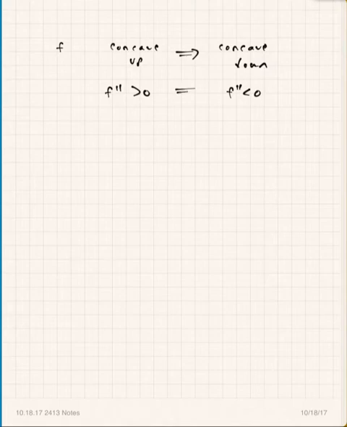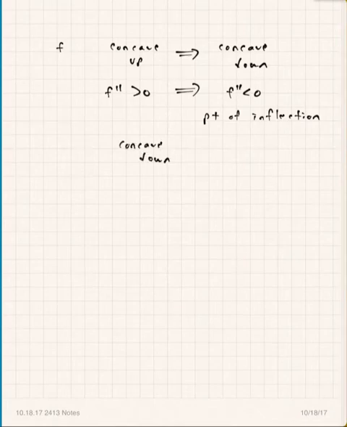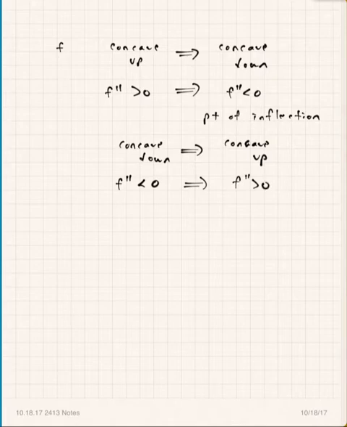Right, the second derivative changes, and you get a point of inflection. And it works the same the other way. If the function changes from concave down to concave up, then the second derivative changes from negative to positive. But either way, what do you get? You get a point of inflection.